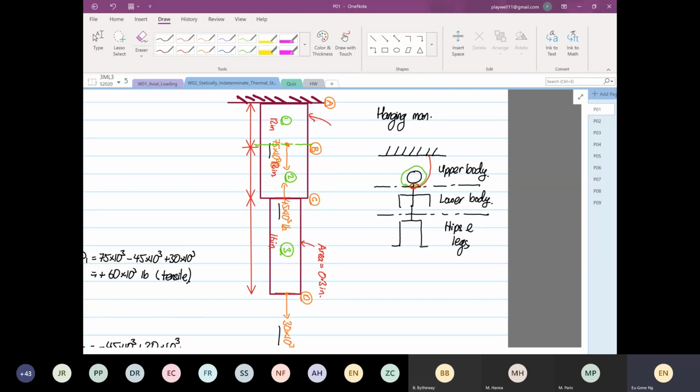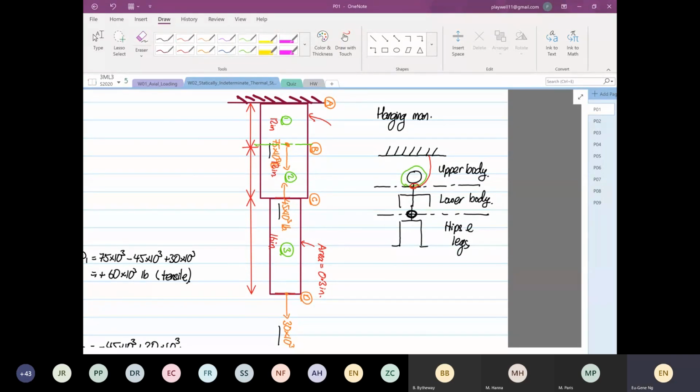So if I were to cross this section over here, where I draw a circle, can it feel the lower body weight, upper body weight, or it can only feel the hips and legs? It can only feel the hips and legs.